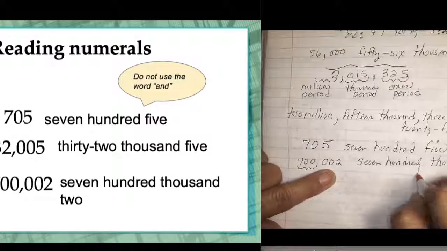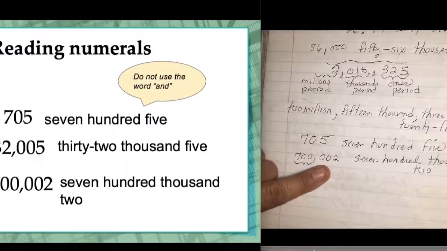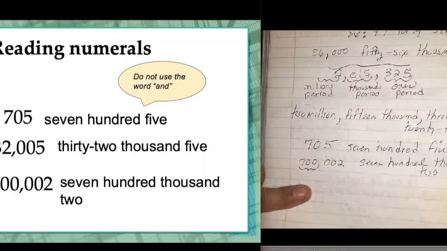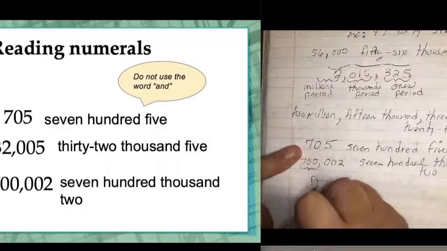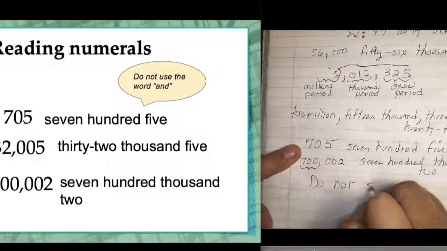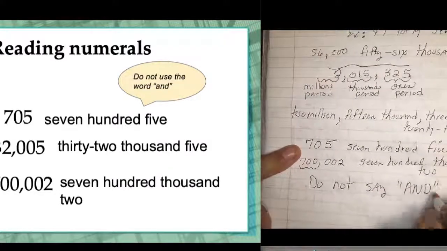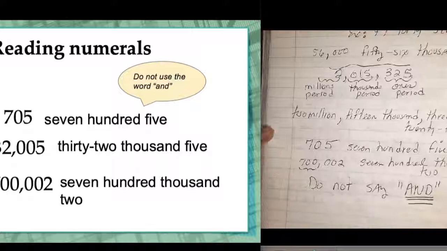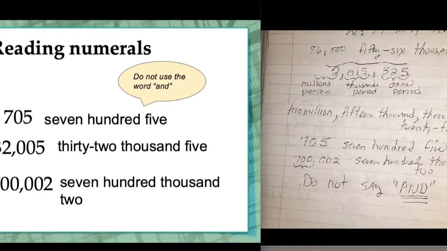Then we have a 2. That's it. 700,002. We do not use the word and. Did I write that down anywhere? No, I didn't. Do not say and. Do not use the word and when reading and writing our whole numbers greater than 0. The and is reserved for decimals.